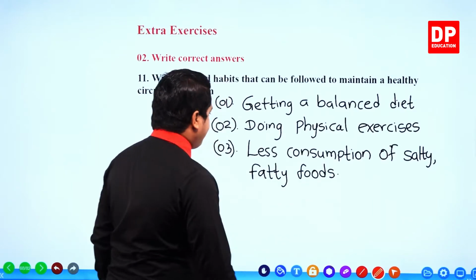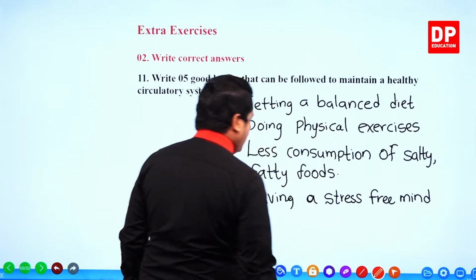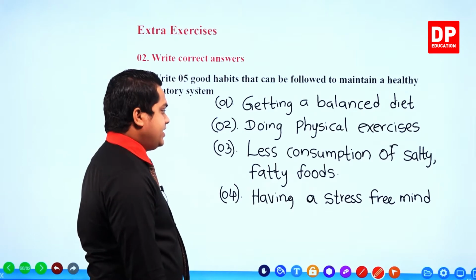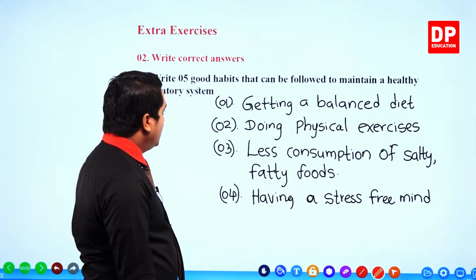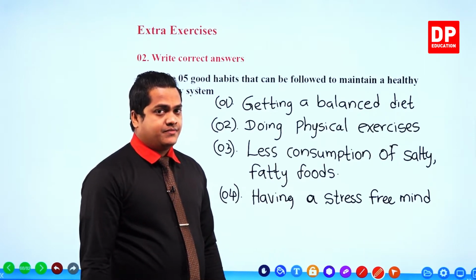Okay. Number 4, having a stress-free mind. Having a stress-free mind also contributes to a good healthy circulatory system.